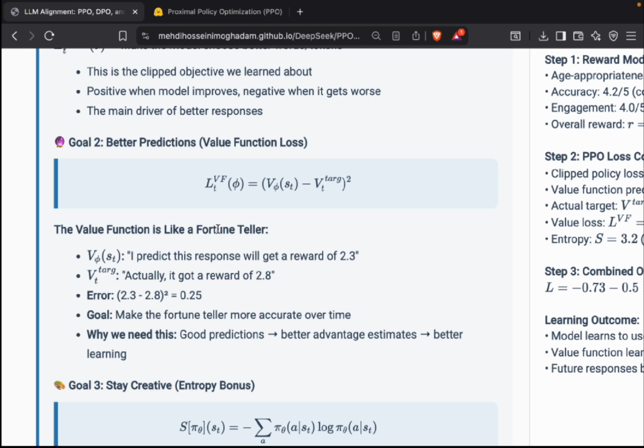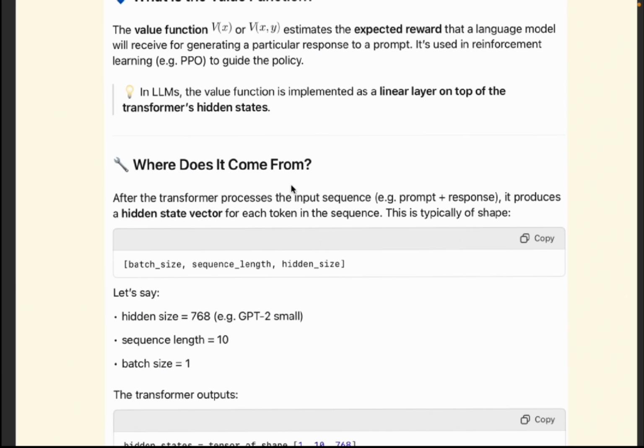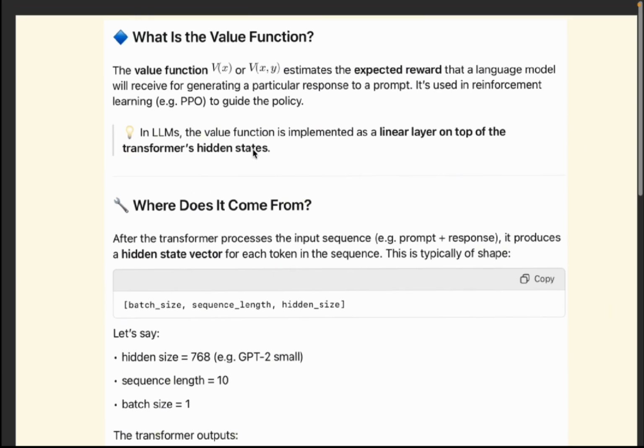So how can I put a value function on that to estimate or predict what the reward or human preference is going to be? There is a kind of good method for that.